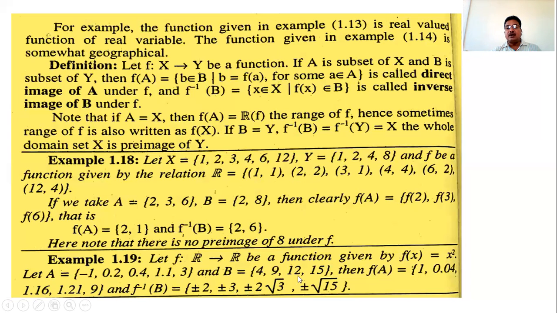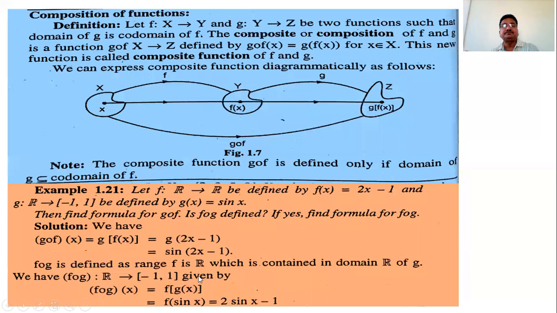And 12 has again 2 pre-images, plus minus root 12, that is plus minus 2 root 3. And 15 also has pre-images, plus minus root 15, because f of plus minus root 15 is 15. So this is the inverse image, and the other is the image of the set.